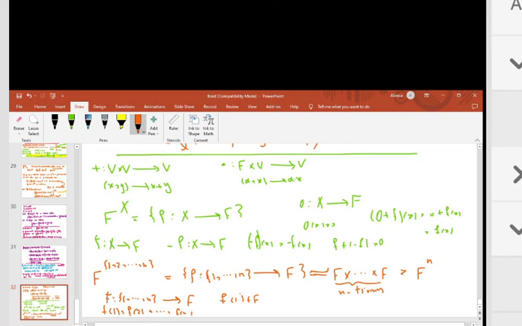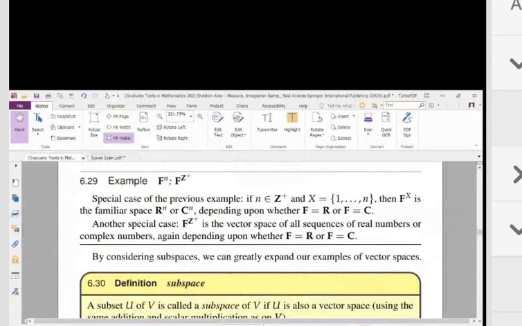This is the image of this f. So we can write this by this n-tuple, so that we have R^n or C^n. This is a special case of the previous example.